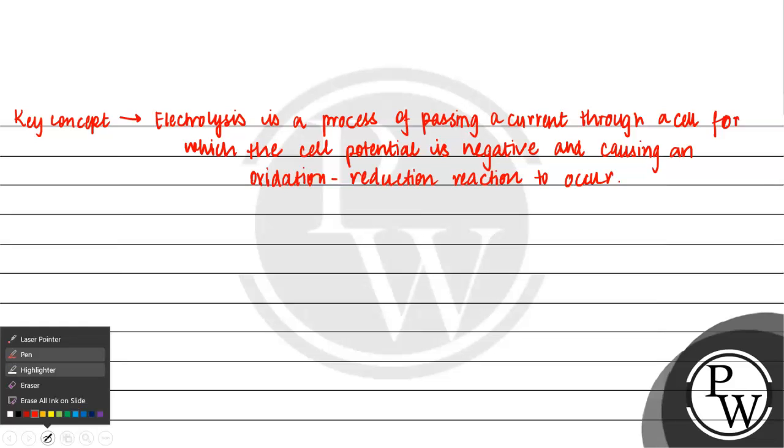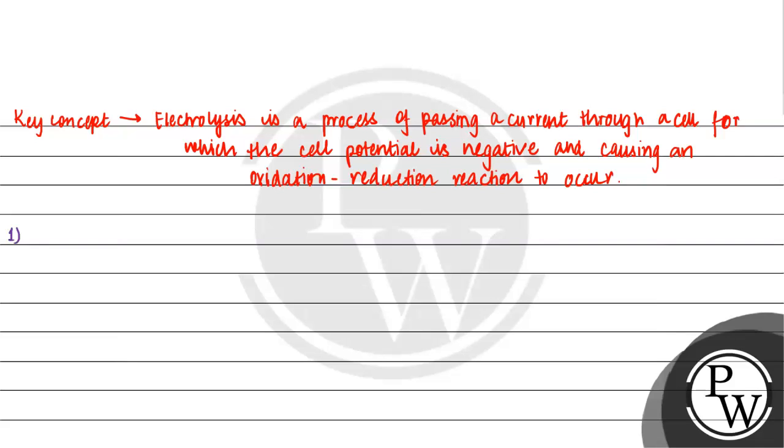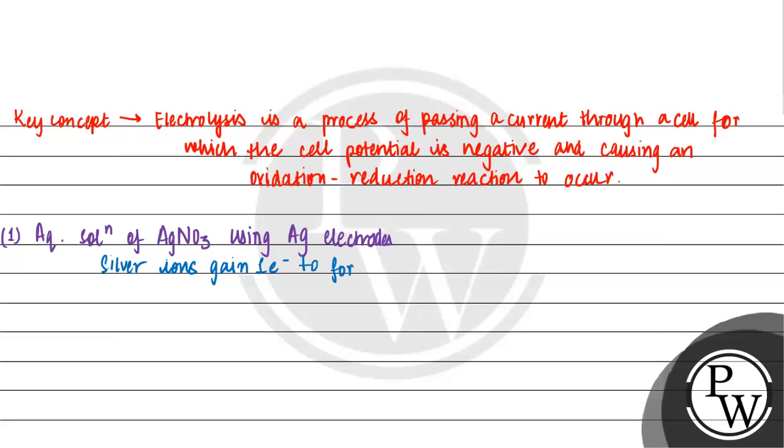अगर हम देखें, पहला ऑप्शन हमें दे रखा है कॉलम वन में, aqueous solution of AgNO3 using silver electrodes, which is Ag electrodes. अगर इसमें हम reaction देखें which occur, we can see that silver ions gain 1 electron to form Ag metal. तो जहाँ पे गेन ऑफ इलेक्ट्रॉन हो जाए वहां पे हमारा रिडक्शन का प्रोसेस होगा, Ag metal, and get deposited at cathode.